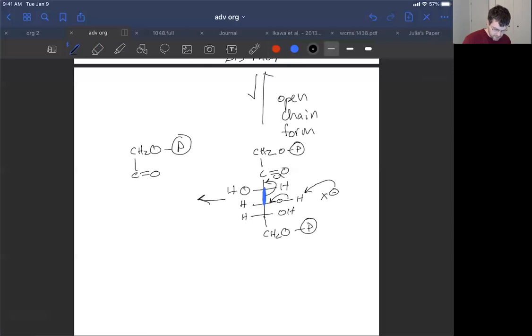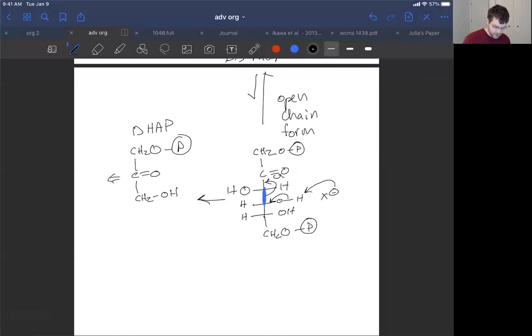Now the two species we get are, I believe this is just CH2OH. Okay, so this is called DHAP, dihydroxyacetone monophosphate. You can see it looks like acetone, but we've got two OHs, and one of the O's is a phosphate.